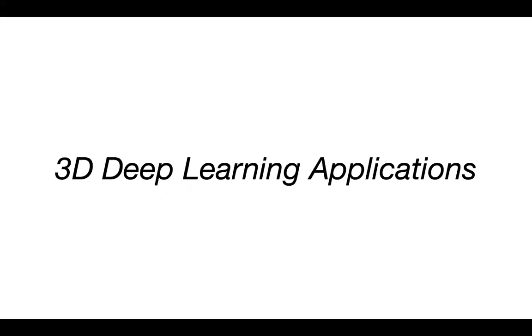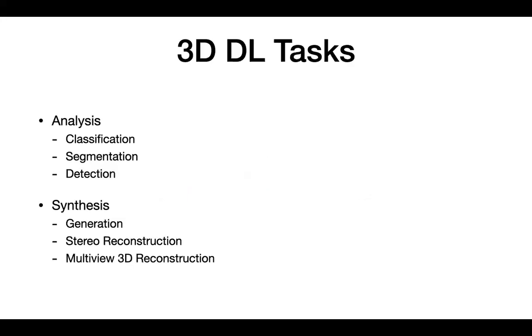Okay, now we come to a point where we have all these networks, all these representations, and we want to do applications, like 3D deep learning for AI graphics, and what kind of applications are interesting. So we have 3D deep learning tasks, and we can divide them into analysis and synthesis.